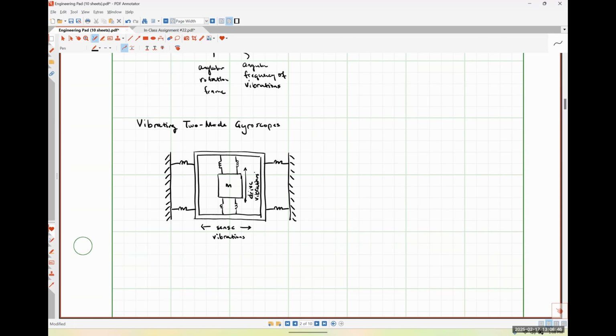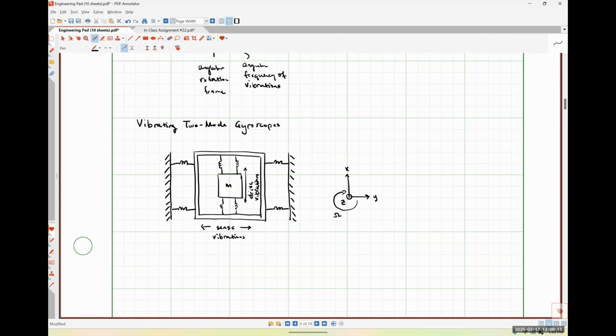So giving myself a little coordinate system here: here's my X direction, my Y direction, and my Z direction. And my rotational axis is still around the Z direction in this system.